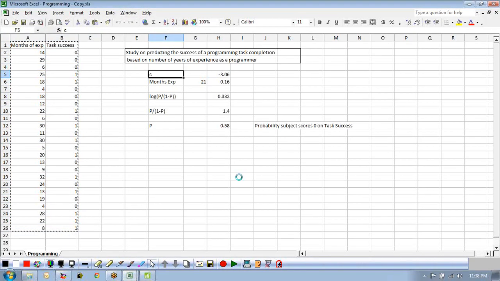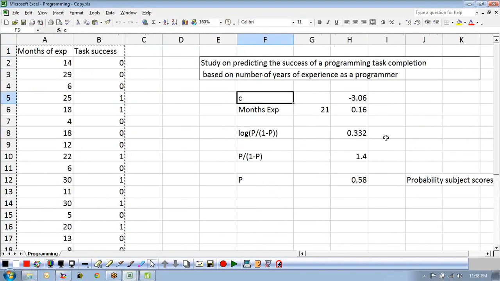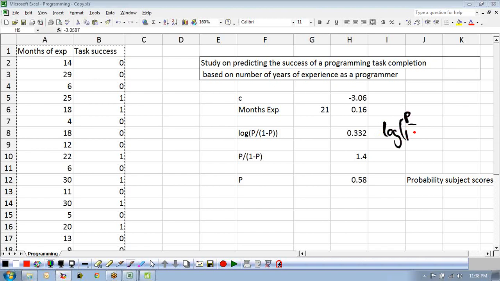So if I put that in here, here it is right here. Here's my model. Remember, my model is the log of p over 1 minus p equal to a constant, minus 3.06 plus 0.16 times ME, right? So that's this right here.